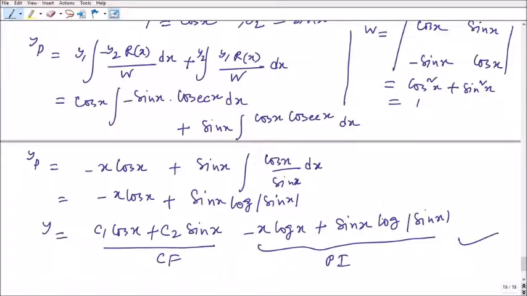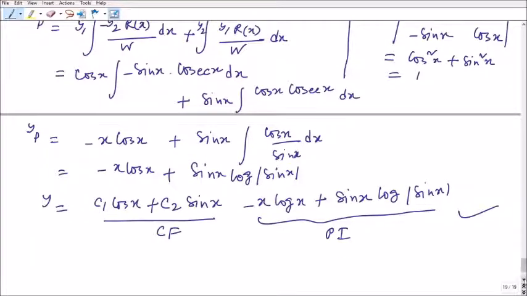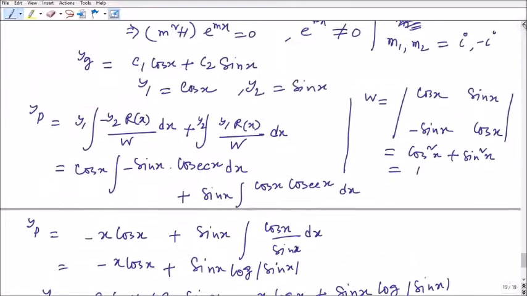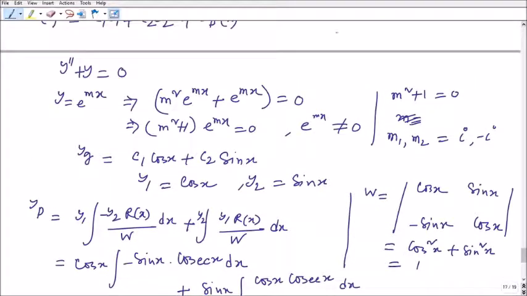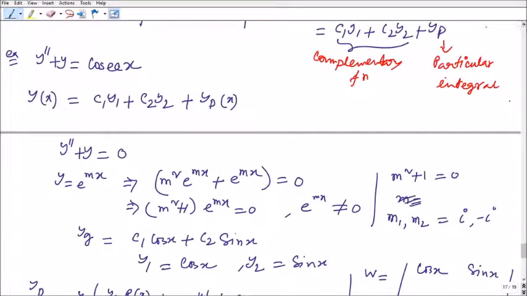Okay, now we will discuss the operator method, and we will solve this differential equation using the operator method, and we'll check whether the answers are same or not.